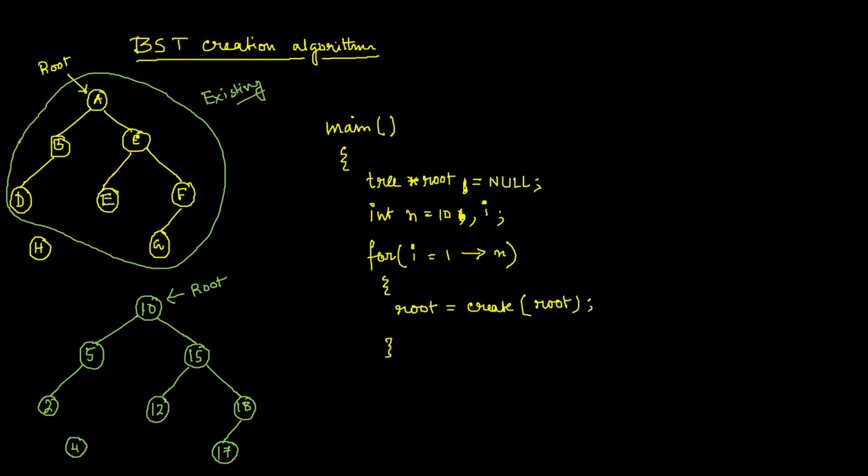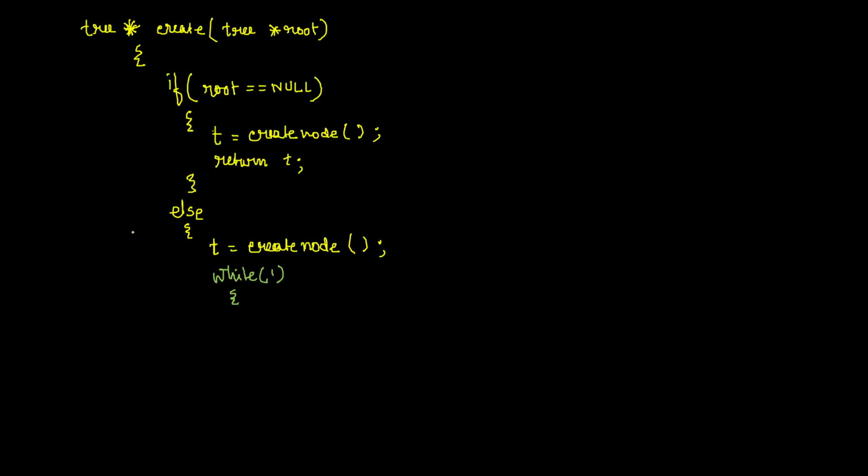I should point this node not by root variable, by some other variable, because after connecting this 4 with this, I must return this root. It has to be returned, because you see this function, this is the tree pointer returning function. So whether you are in if or else doesn't matter, you must return something.